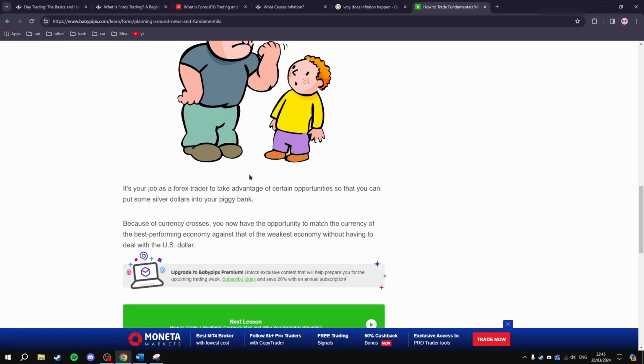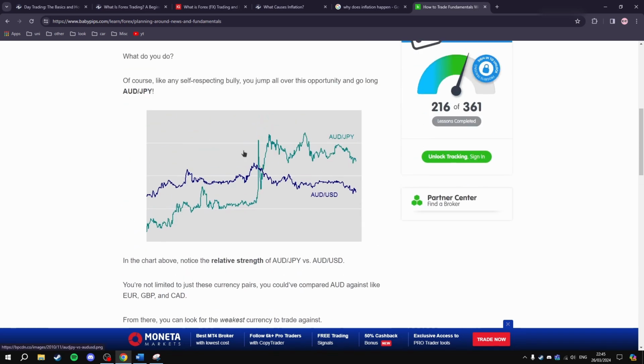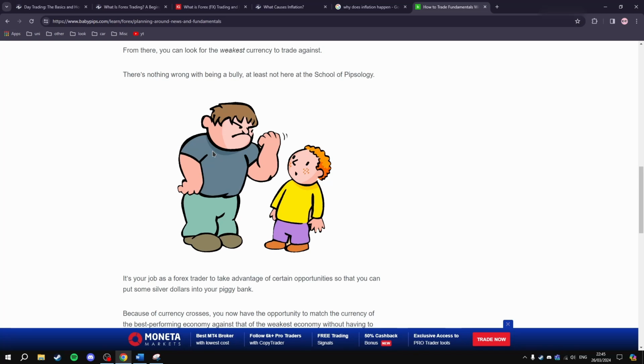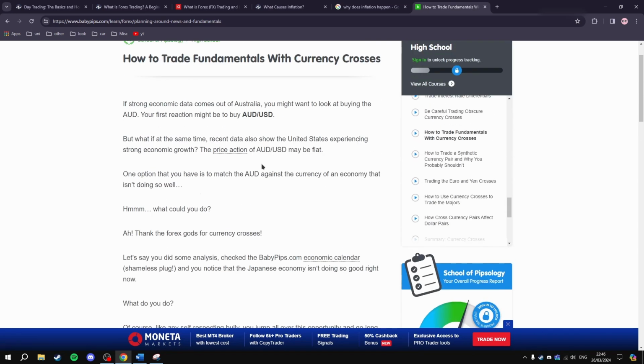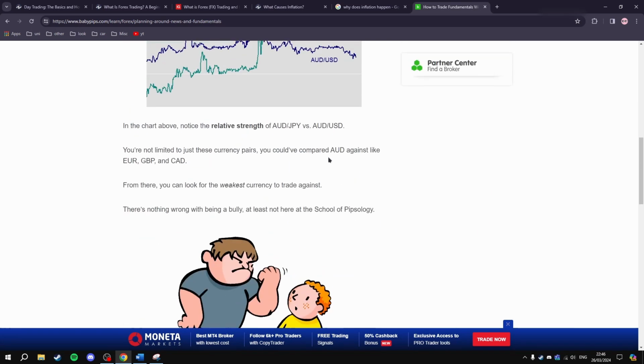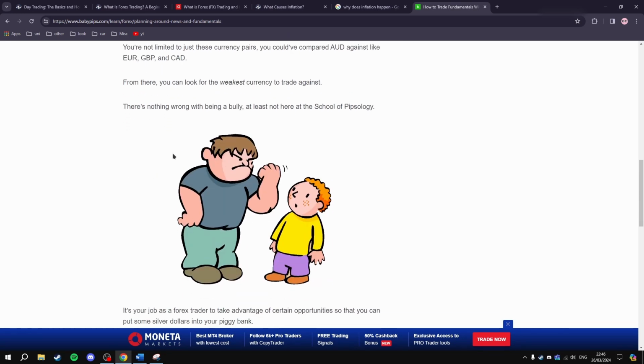So it's going to be more difficult to get the price action you want, maybe. Yeah, so just stick with the normal ones. Like what do they say, compare it against the AUD, was it Euro, GBP and CAD, like these.